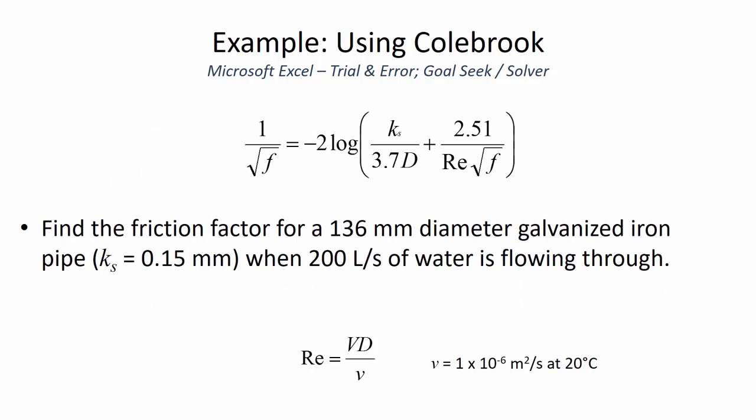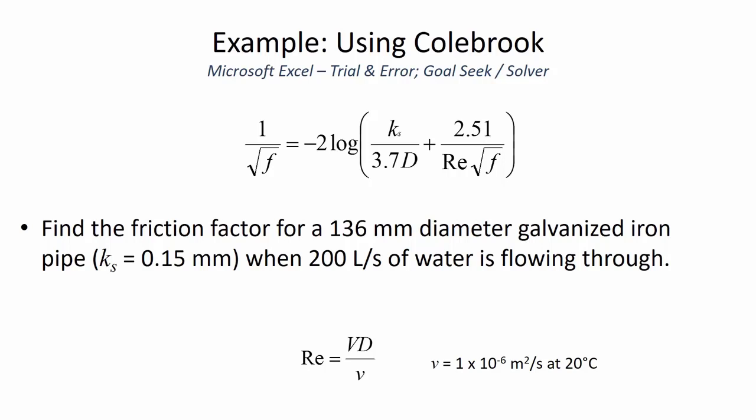Now, what we're going to be doing is substituting all of this information into both sides of the Colebrook equation. What we could do is have a series of iterations where we guess an F value and then we see what's the left-hand side of the equation, what's the right-hand side of the equation.